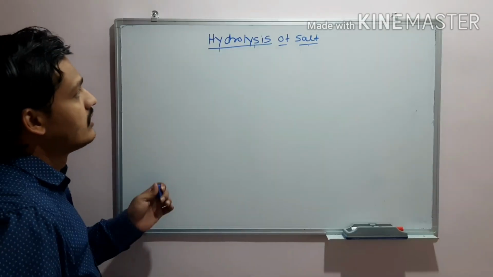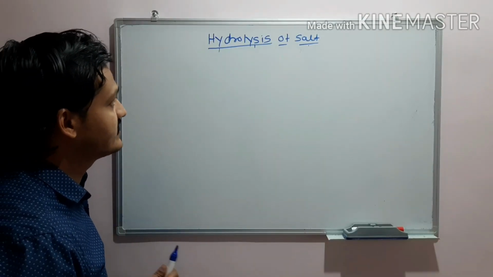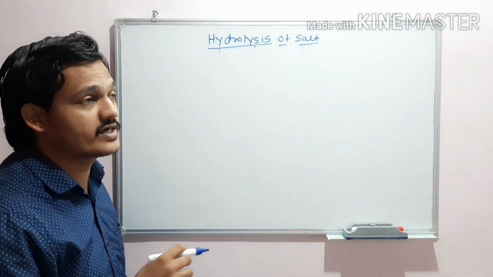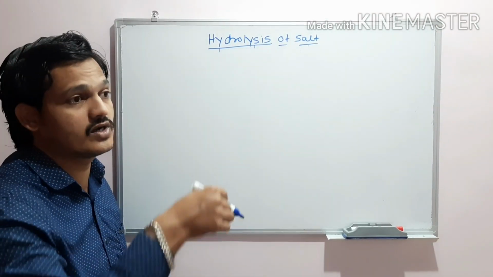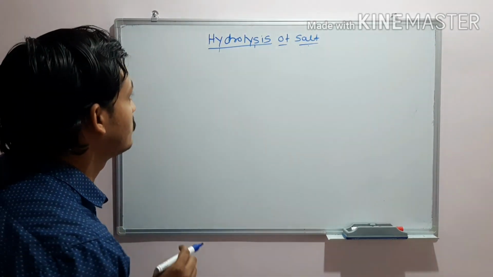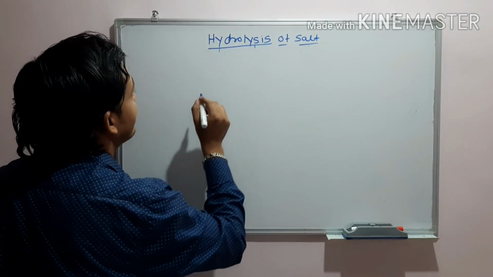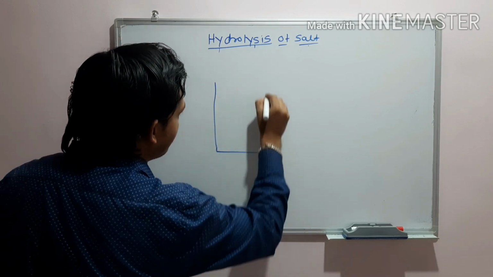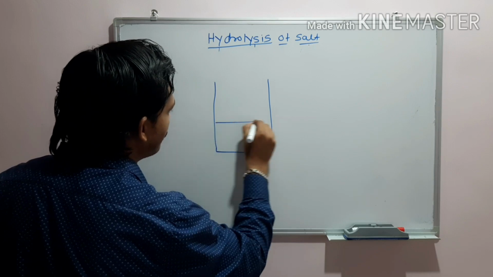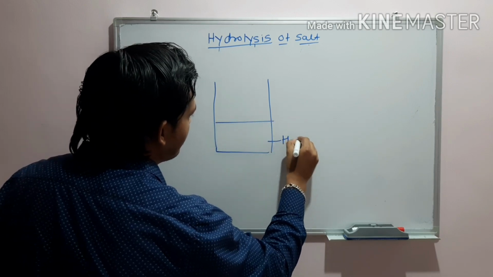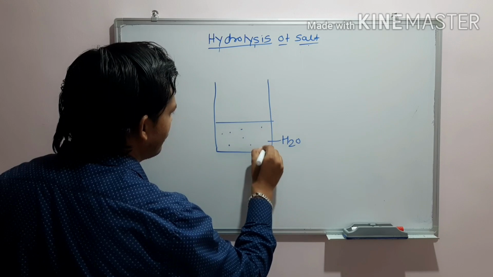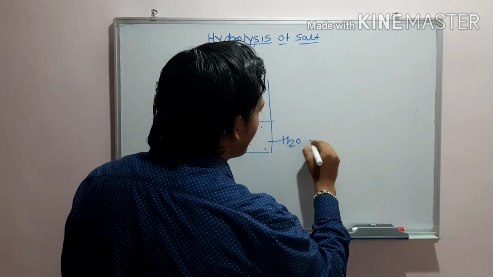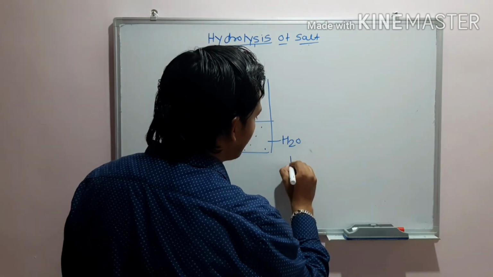So hydrolysis of salt means, let us consider why hydrolysis is needed and what actual reaction happens when salt is dissolved in water. Let us consider that I am taking a beaker consisting of water.